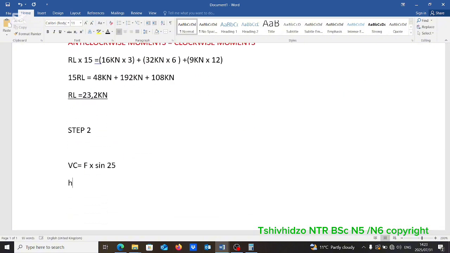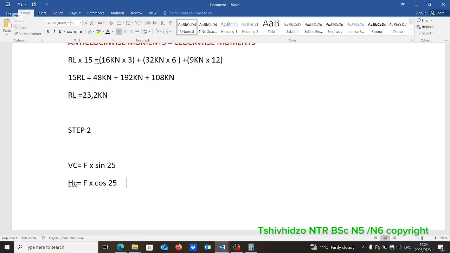Then the horizontal component equals F multiplied by cos of the angle.